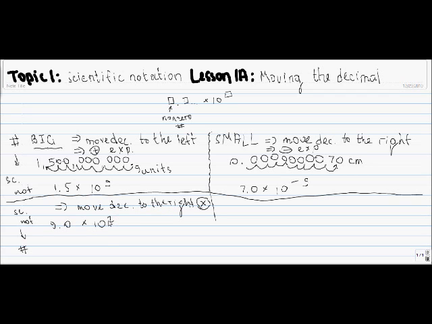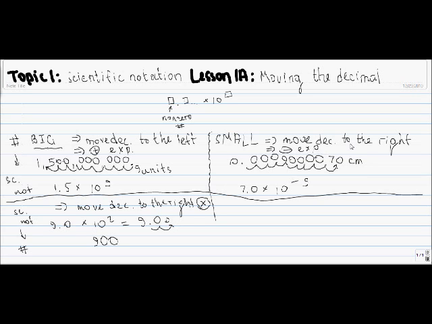So it says 10 to the 2, so we take 9.0, we take this dot between 9 and 0, and we are going to move it to a new location. We're going to move it 2 units to the right. So it's sort of, you take 9 times 100 should give us a large number, 900. So we take this dot and we move it two places to the right. So instead of 9.0, it actually becomes 900. And this is going to be the result for this problem, 900.